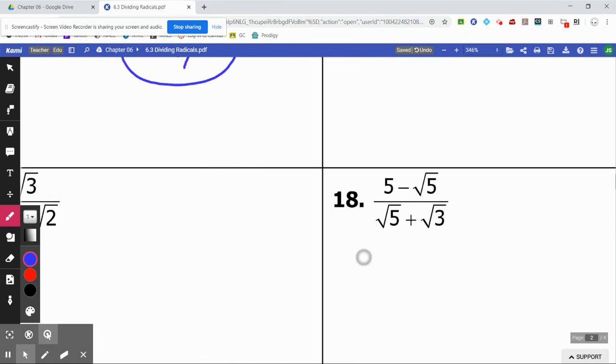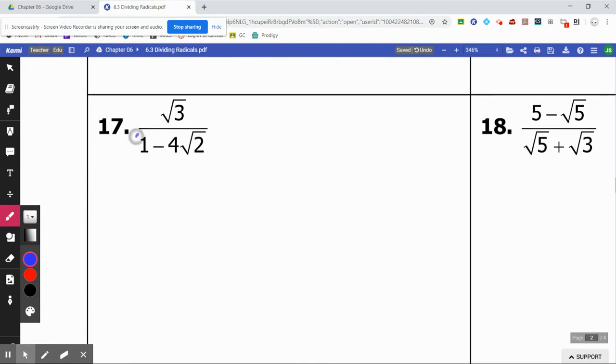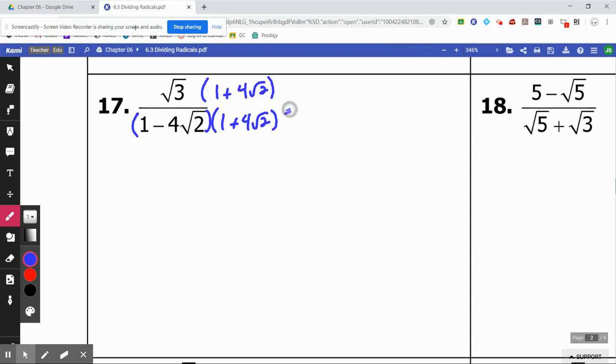Number 17. Got another conjugate, have another binomial, so multiply by the conjugate. 1 plus 4 root 2 on top and bottom. When you distribute the top, it gives you root 3 times 1 is root 3 plus 4 root 6 when you multiply the root 3 times root 2.